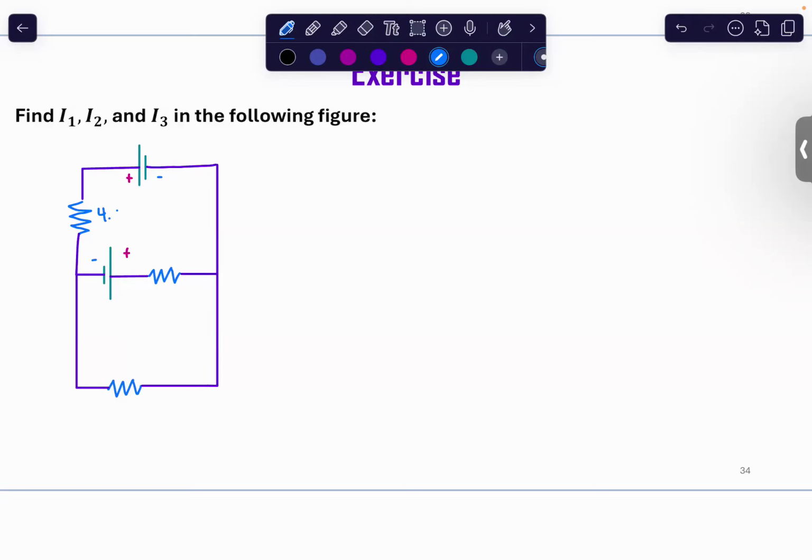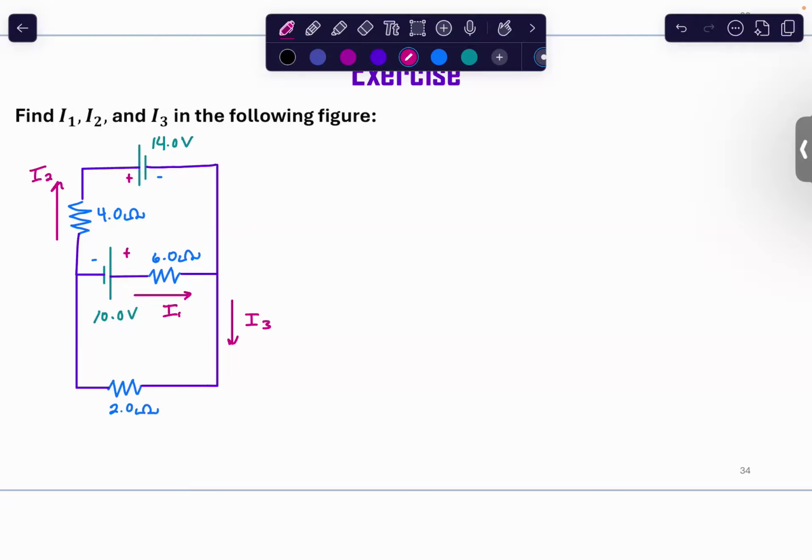Let's see, you're going to have 4 ohms, 6 ohms, 2 ohms, and then you're going to have 10 volts, 14 volts, and then you will have I3, I2, I1.